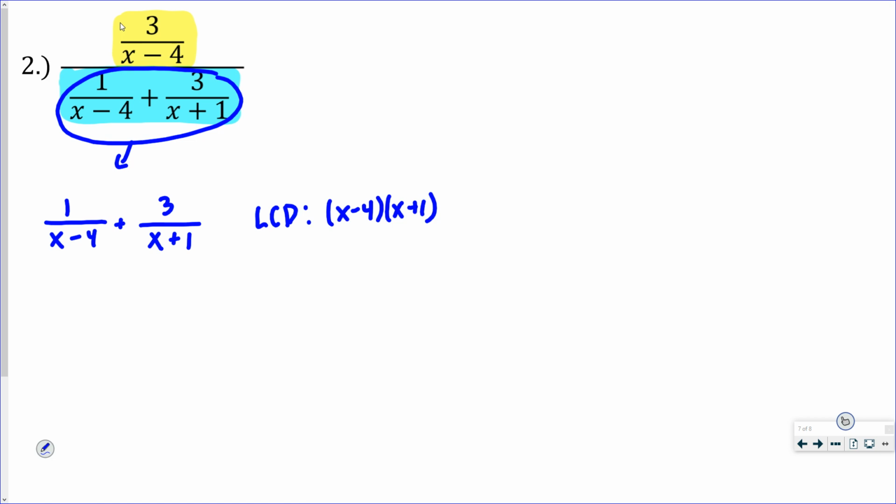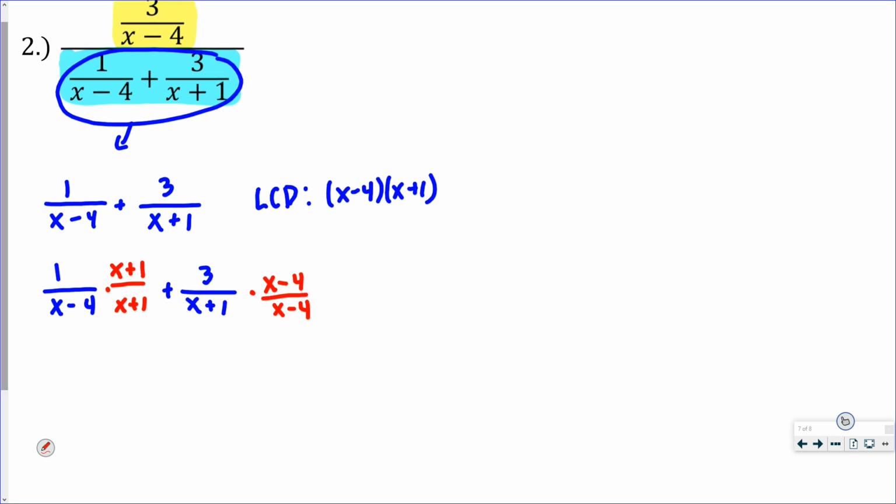Okay, so now I have to make equivalent fractions. I have to multiply the top and bottom by what they're missing. In the first fraction, it'd be x plus 1. Second fraction, it'd be x minus 4. Remember with your denominators, you never want to actually multiply those together.